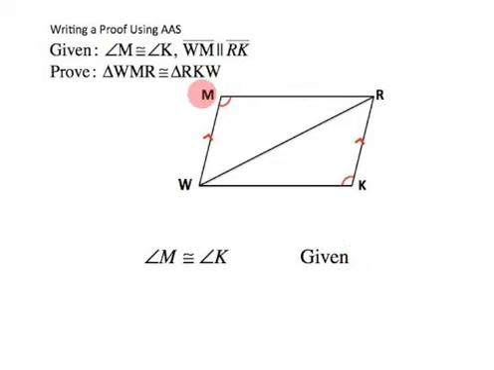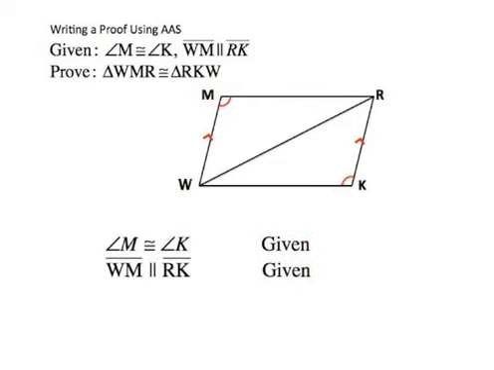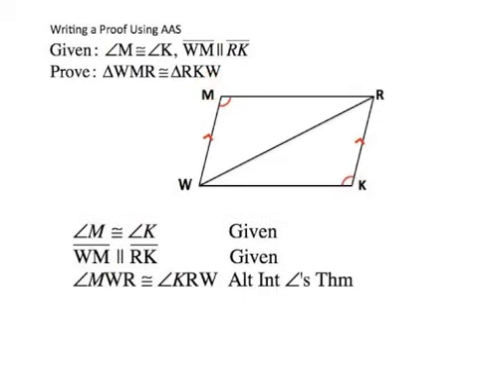So here's angle M and here's angle K again. We're also going to pull out the other piece of given information, and that's that segment WM is parallel to segment RK. Next we're going to say that angle MWR is congruent to angle KRW because of the alternate interior angles theorem.